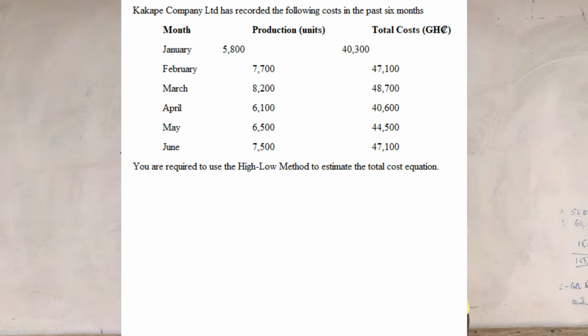In April, 6,100 units at a total cost of 40,600. In May, 6,500 units at a total cost of 44,500. And finally in June, 7,500 units at a total cost of 47,100. Now, we are required to use the high-low method to estimate the total cost equation.